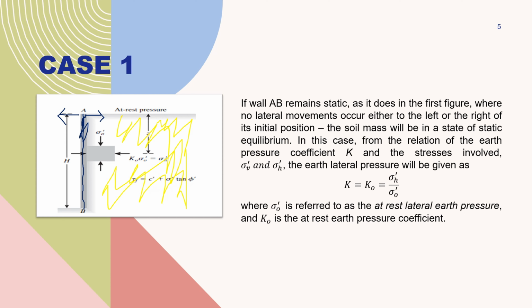We just changed the relation K equals sigma prime H over sigma prime O to sigma prime H, as is, because the wall is stationary and nothing happened, so it is at its original position.